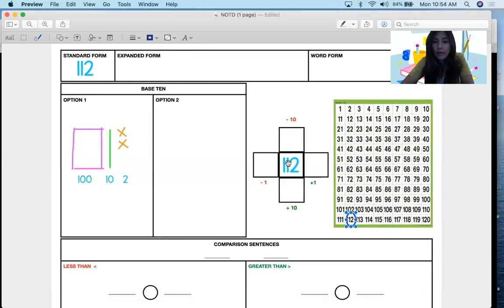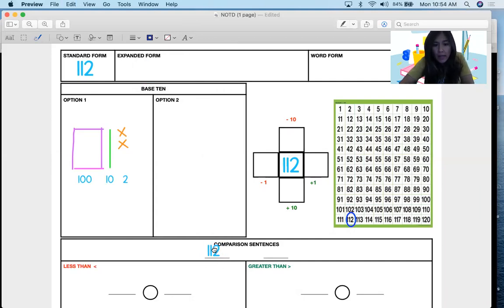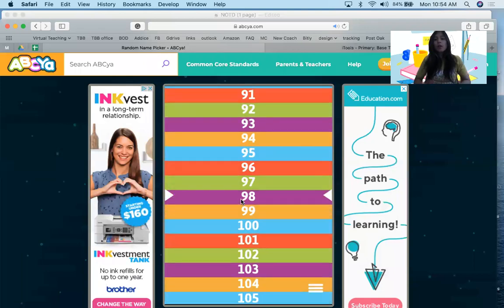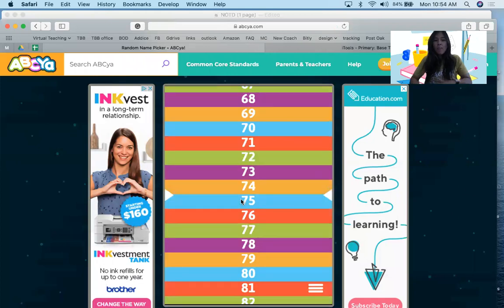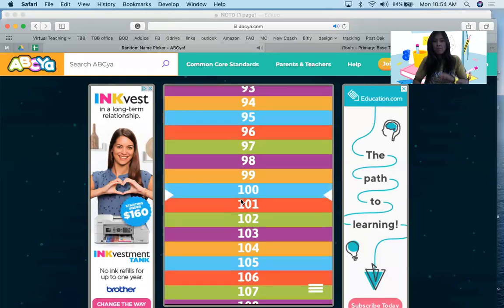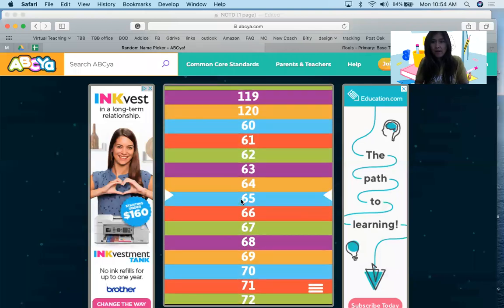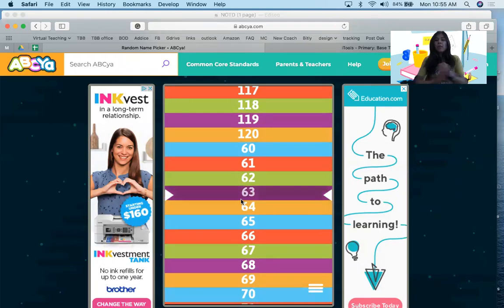And now let's go ahead and find out what number we are going to compare 112 to. So again, I'm going to minimize it. And let's find out. We're going to compare 112 to the number 63.